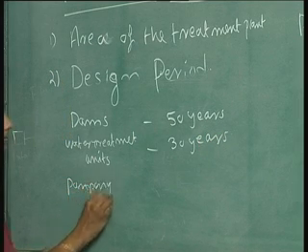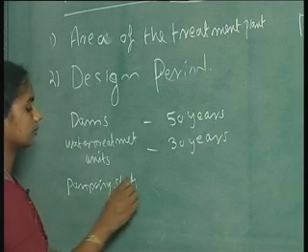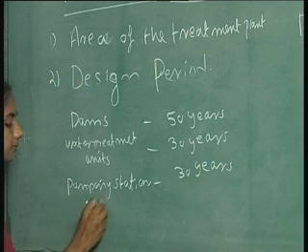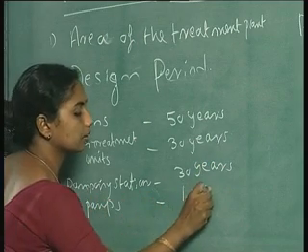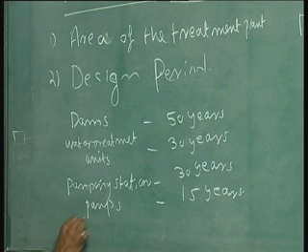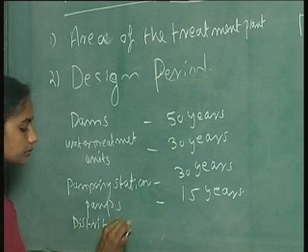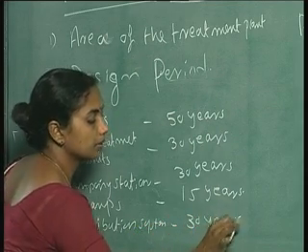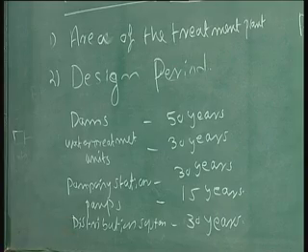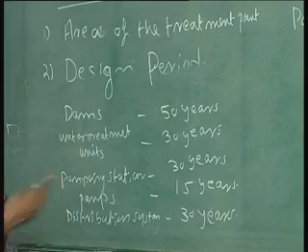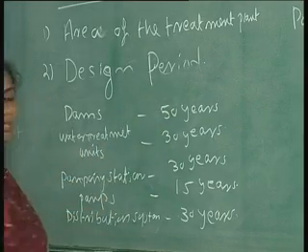Pumping stations, it is 30 years, but for pumps it is only 15 years, and for the distribution system we give 30 years, but for overhead tanks, or the treated water collection tanks, we usually give a time of around 15 years. So, it will be varying from 50 years to 15 years.